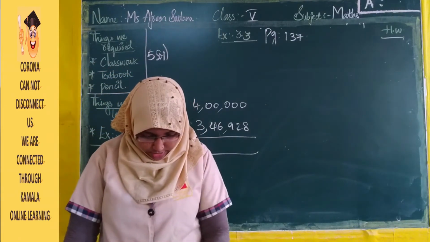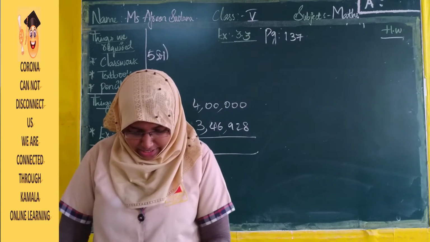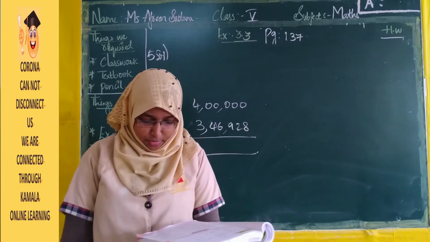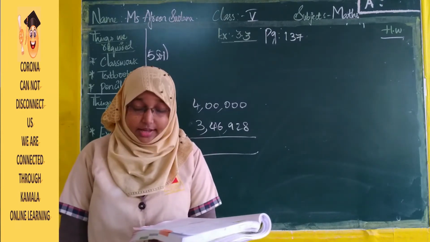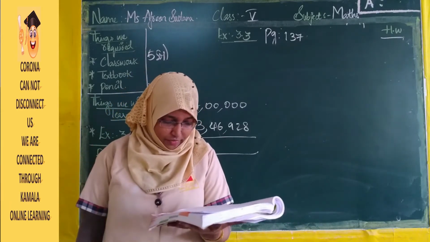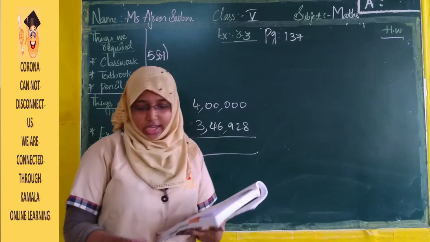Let us see the 6th one. 5th and 6th we are going to do. So 6th one is: A, B and C contested for an election. The total number of votes was 75,95,394. Find the votes polled for candidate C if A and B got the given votes respectively. Who won the election?